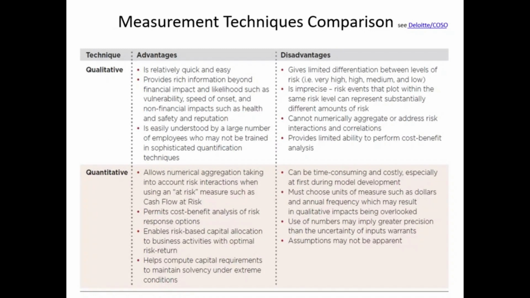Where there is no monetary value, then obviously you can look at two different techniques, a quantitative or a qualitative technique, to work out the significance. For each technique there are both advantages and disadvantages, as you can see again from this Deloitte document.